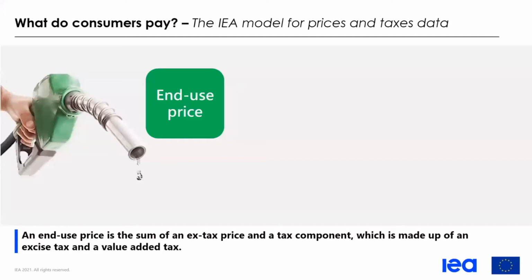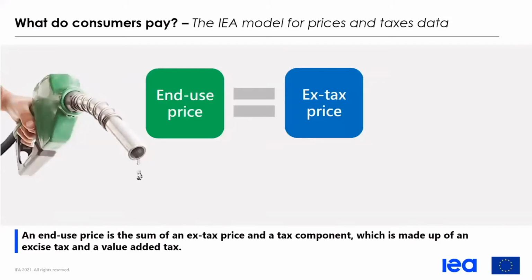End-use energy price is the sum of 2 subcomponents: ex-tax price and taxation, which is the sum of value-added tax and excise taxation. Having information on these components allows us to have a more solid understanding of the situation in the country and to draw policy implications and guide policymaking.